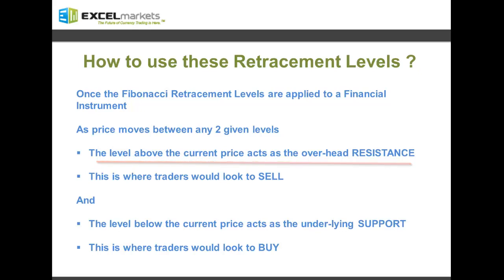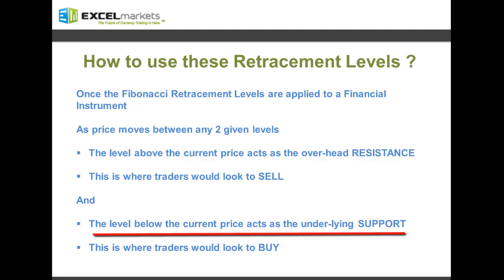This is the level where the trader would look to sell the instrument. And the level below the current market price acts as the underlying support. This is where the trader would look to buy the instrument being traded. Let's have a look at the trading platform on how this works.